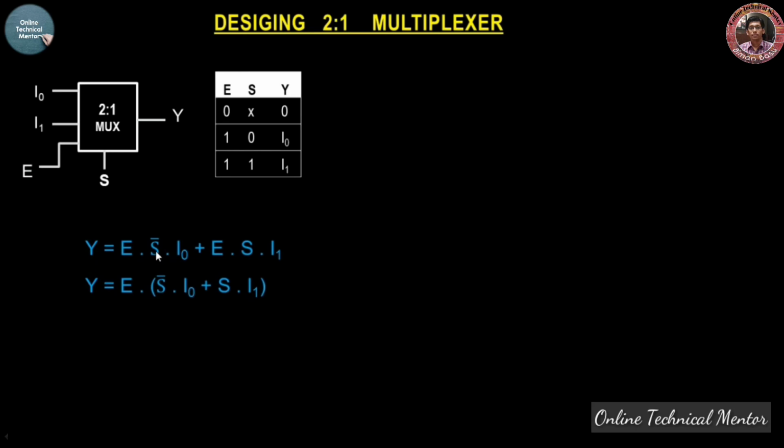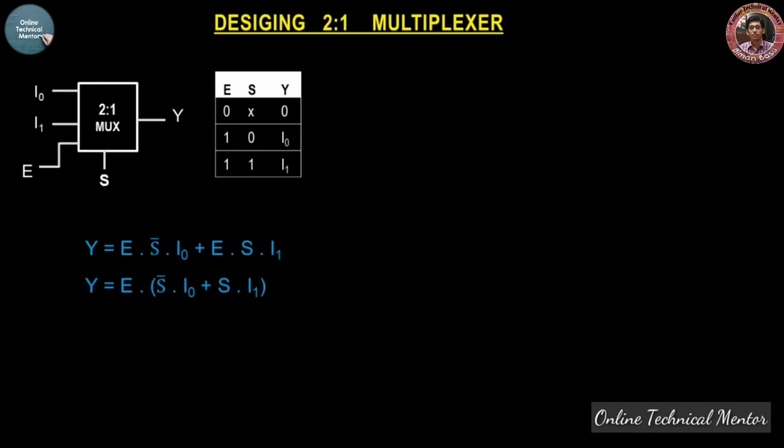And since S is 0, write S bar, again dot I0. Or there is another condition where we are getting I1 in the output. For that, write a plus sign, that is an OR. We are getting I1 in the output when E is 1 and S is 1. So just write E and S along with I1. Take E common from here. So within the bracket, it will be S bar dot I0 plus S dot I1.